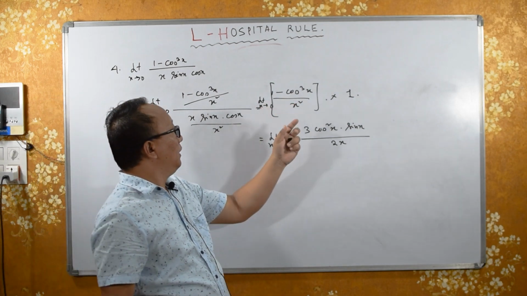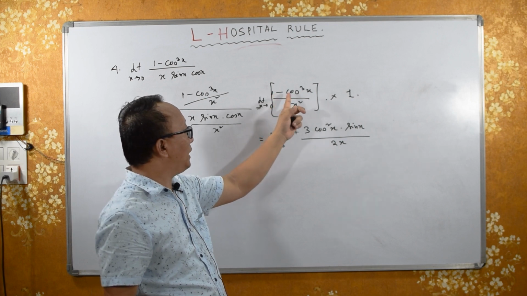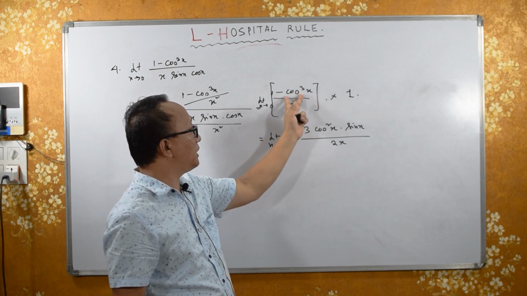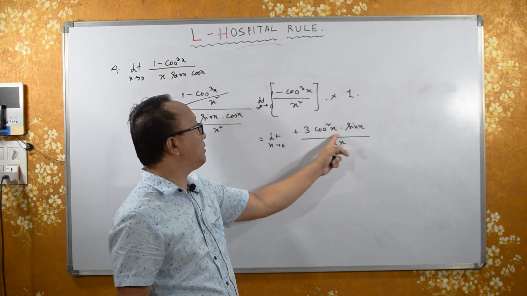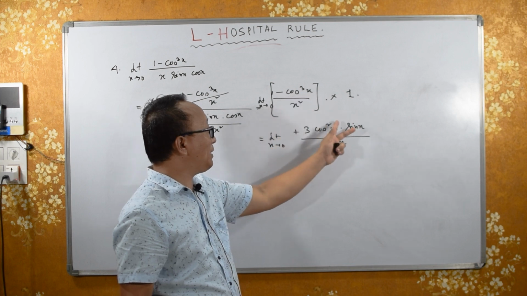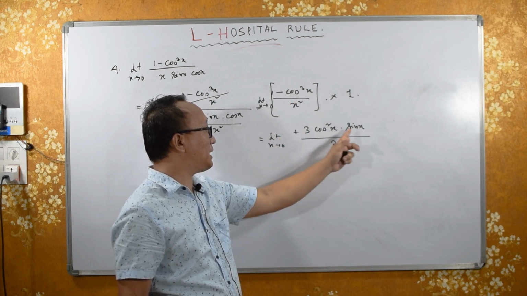Let me repeat again. Here d by dx of constant is 0. 0 minus, this 3 is coming outside. Cos x raised to n means n times cos x raised to n minus 1. 3 minus 1 is 2. Differentiation of cos x is minus sin x. So minus gets cancelled, plus sin x.